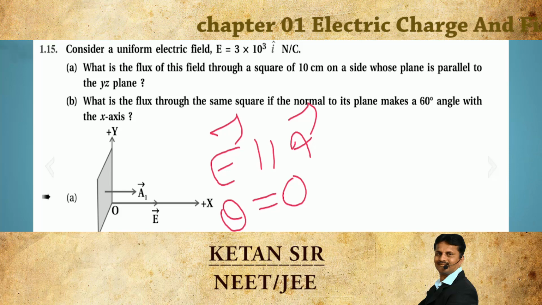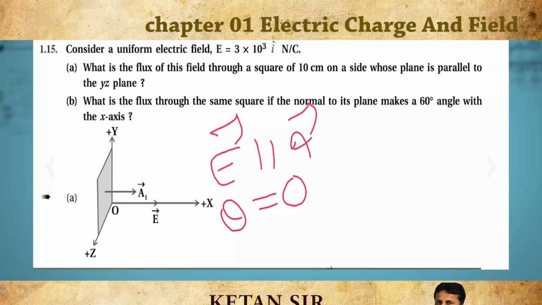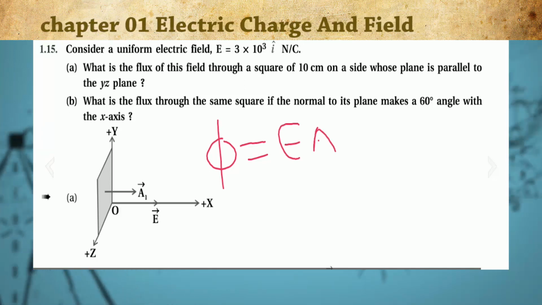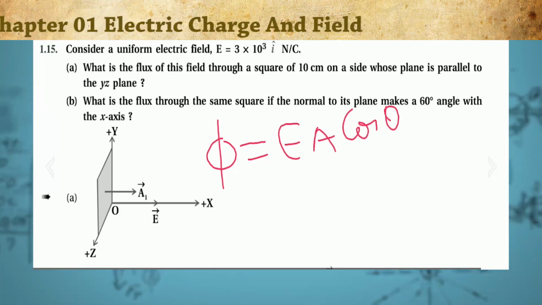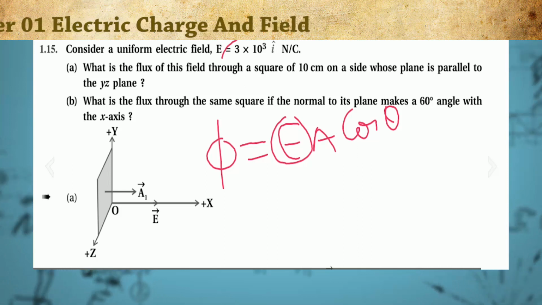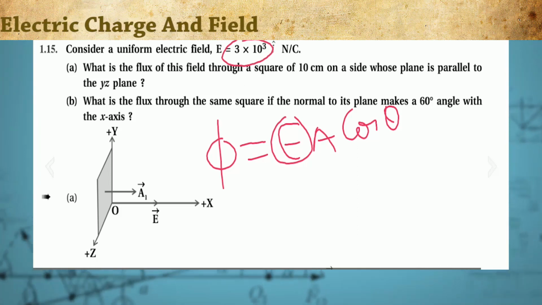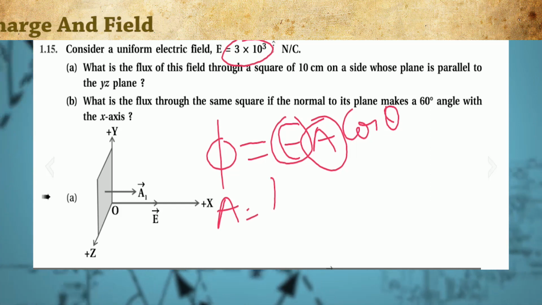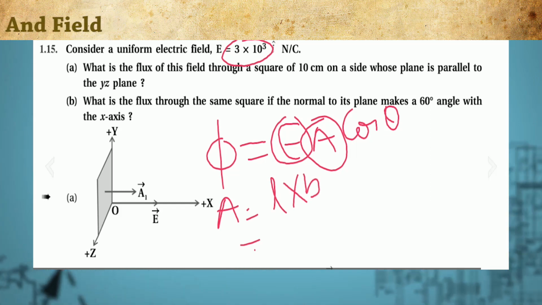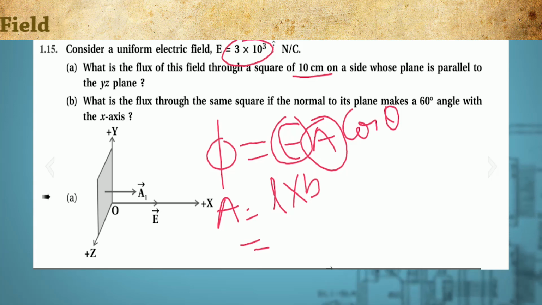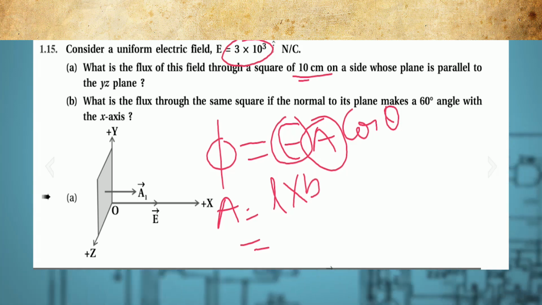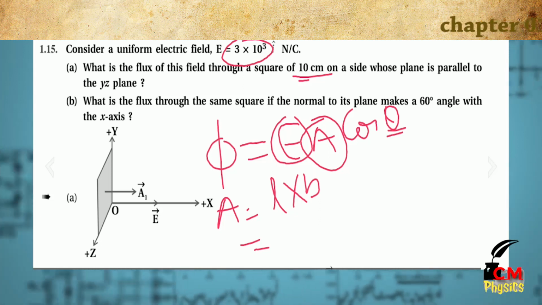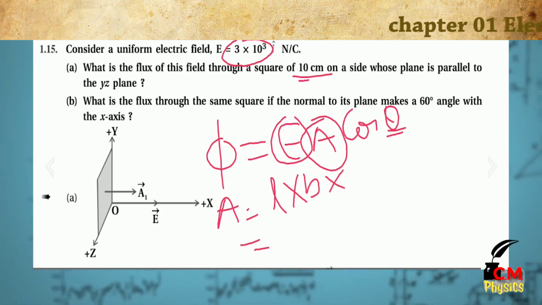Then simply the calculation for the flux: phi is equal to EA cos theta. Value of E is 3 into 10 raised to 3. A is the area of the square, length into breadth. Value of length is 10 and breadth is 10. Centimeter is obviously converted into meter, and theta is 0. That means cos 0 is 1.